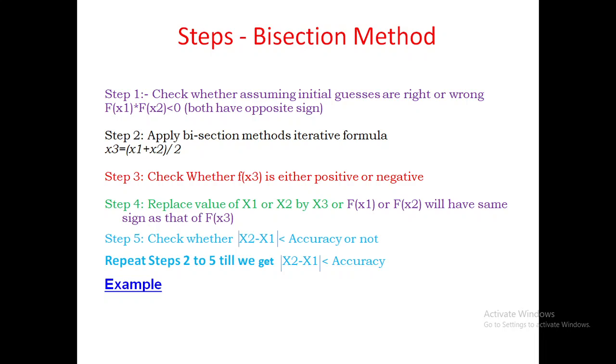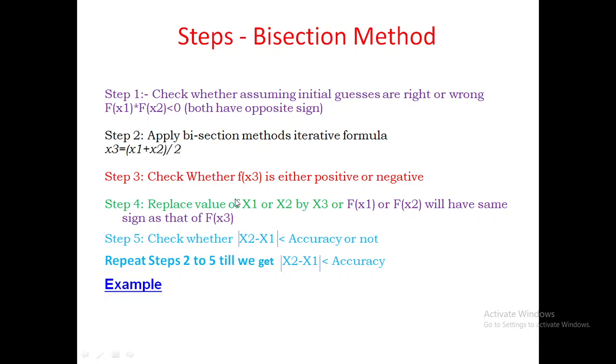This is because we have to satisfy the condition. Which condition do we want to satisfy? This one: f of x1 into f of x2 is less than 0. Or we can also say f of x1 into f of x3 is less than 0, or f of x2 into f of x3 is less than 0.